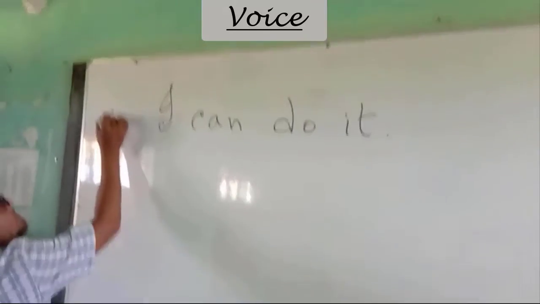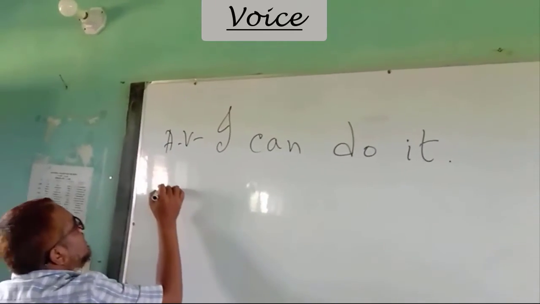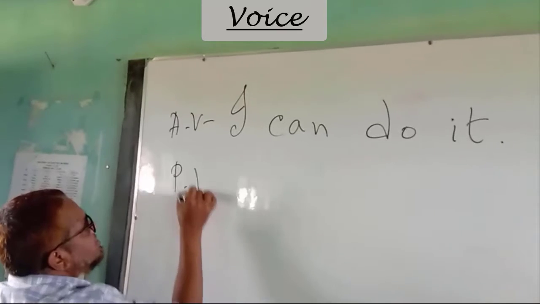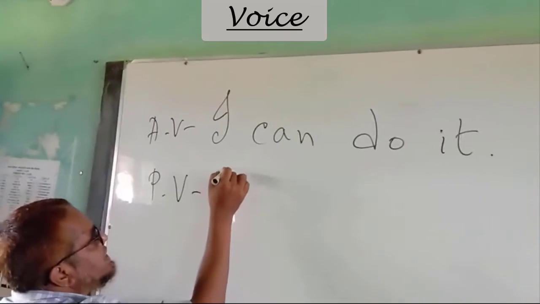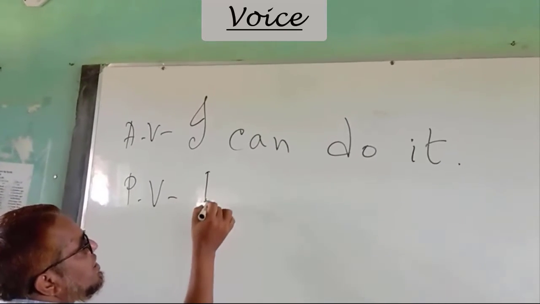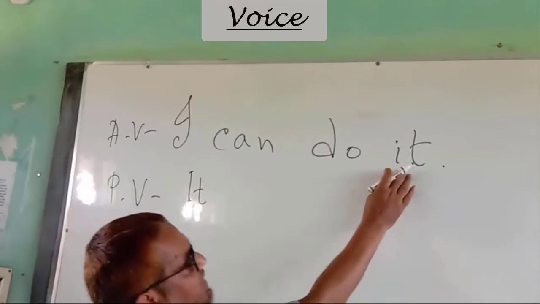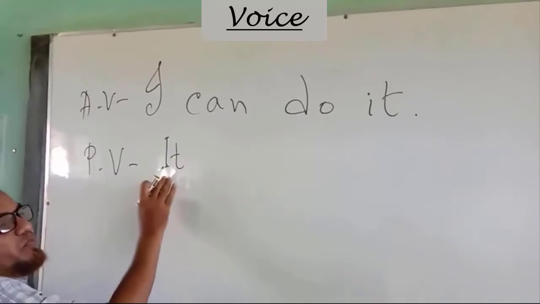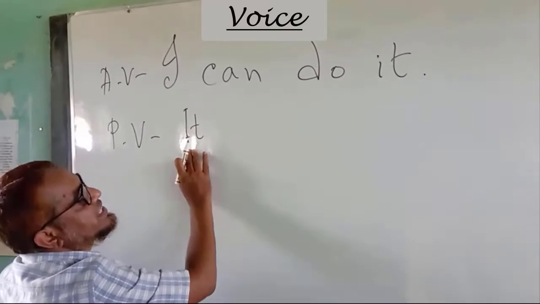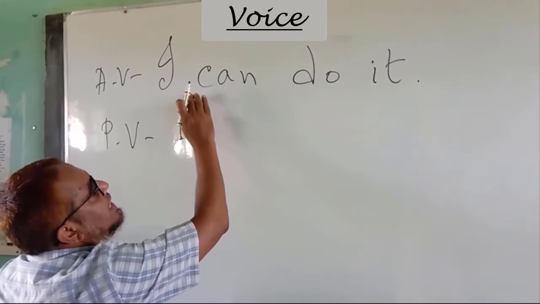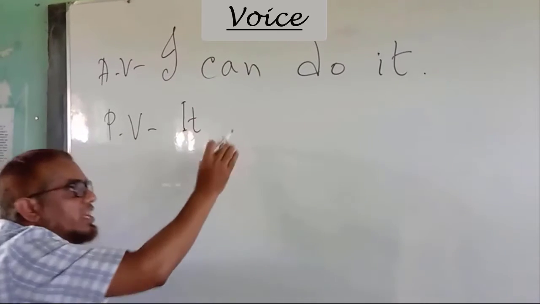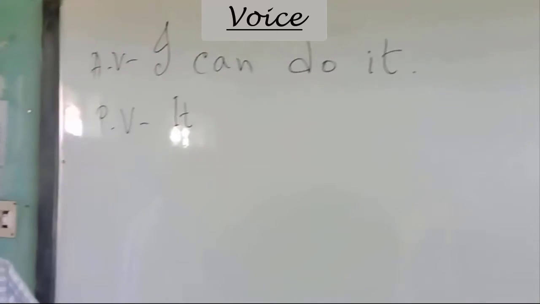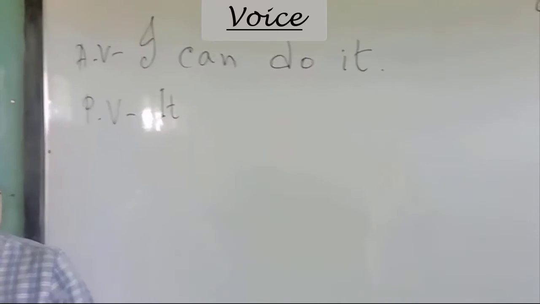Dear students, now we can do it. This is active voice, we are writing passive voice. It is the object, so it will come first. It will be the subject in passive voice. And when there is any modal verb, we should not put any other auxiliary verb.